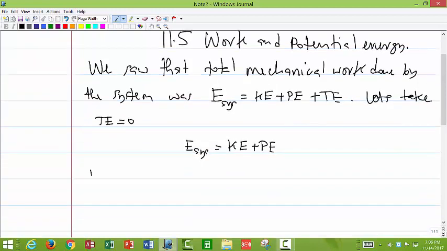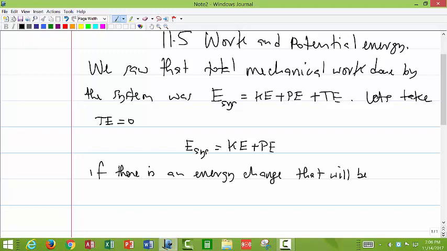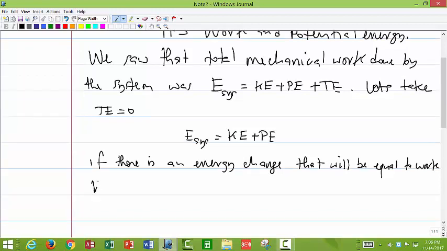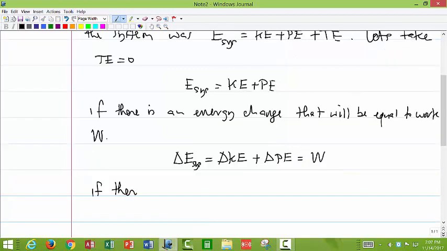So we'll say that if there is an energy change, that will be equal to work W. Okay, so we can say that change in energy of the system is equal to change in kinetic energy plus change in potential energy, and that's equal to work.